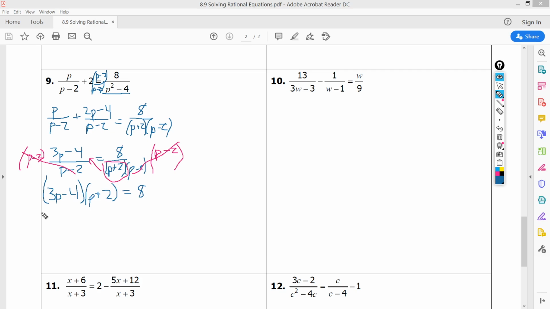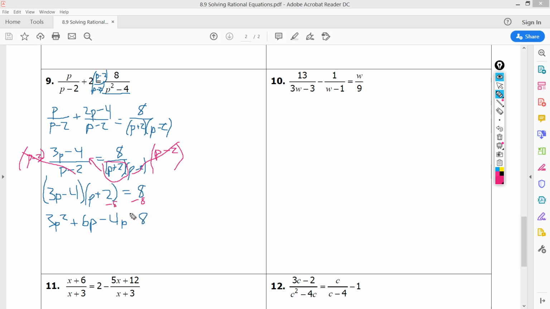So that sucks. 3p times p is 3p squared. 3p times 2 is 6p. And negative 4 times p is negative 4p. Negative 4 times 2 is negative 8. And then this, I want to cut down the writing, so I'm also doing a minus 8 here.